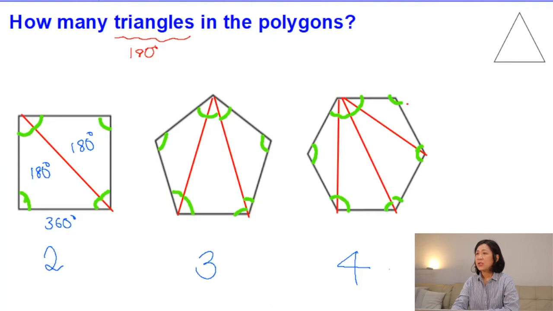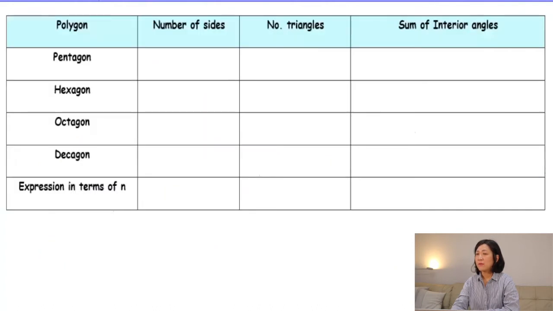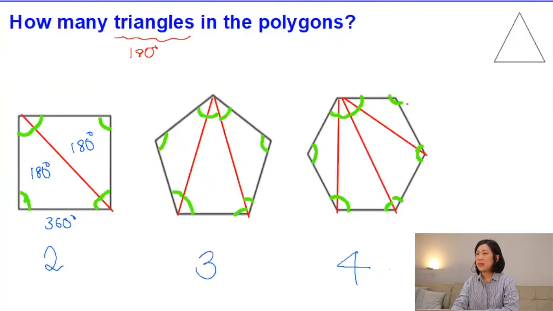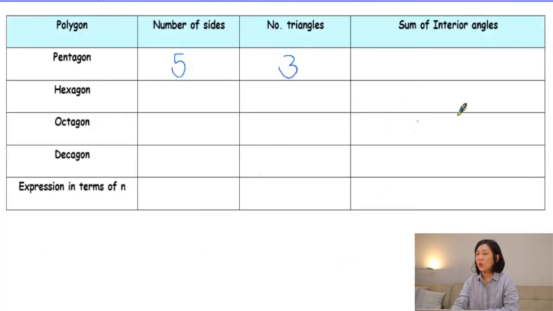Now, what we need to do is look for the formula. So let's write down what we found. We know that a pentagon is a 5-sided shape, right? Now how many triangles can you see? We drew 3 triangles inside. Then the sum of interior angles: 3 lots of 180, because all of the interior angles of the triangles make up the interior angles of the pentagon.